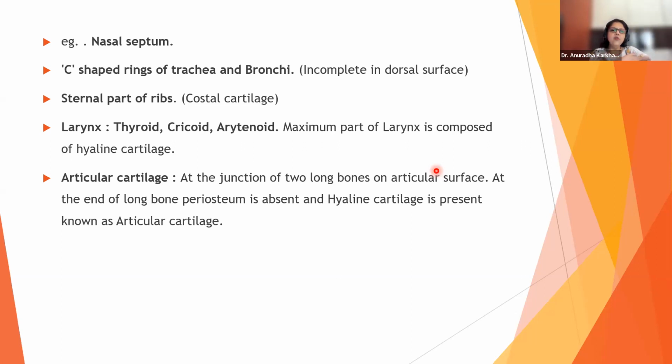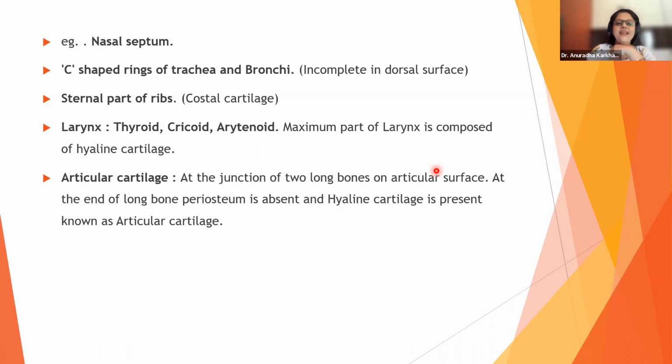At the end of the long bone, periosteum is absent and hyaline cartilage is present, which is known as articulating cartilage. If you remember the joints, ball and socket joint, do you remember? We did it in the locomotion chapter. And when I taught you about joints, I had said that there is a synovial membrane, and always there is going to be the hyaline cartilage present over there. I remember it very clearly when I had shown you the diagram of the hyaline cartilage as well with the synovial membrane and the synovial fluid.